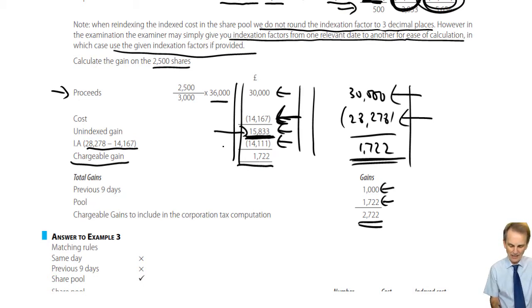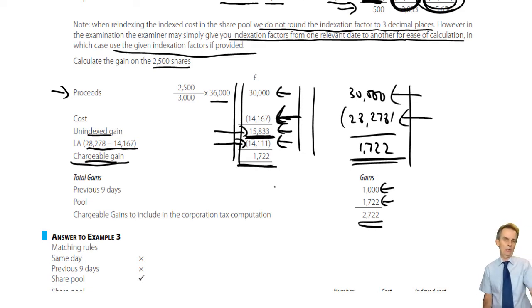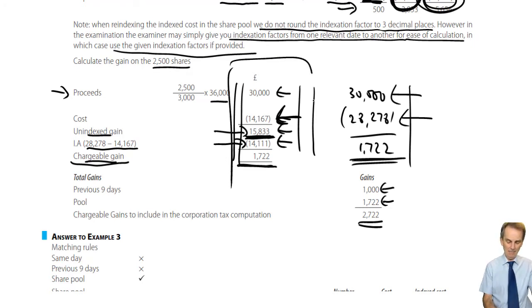The best that indexation allowance can do, here the 14,111, is to reduce what was an unindexed gain to a lower chargeable gain. It can't serve to increase or create a loss. So in a written answer, show it properly as we did here.